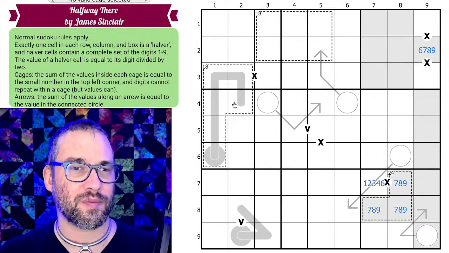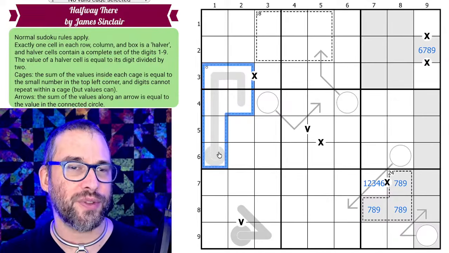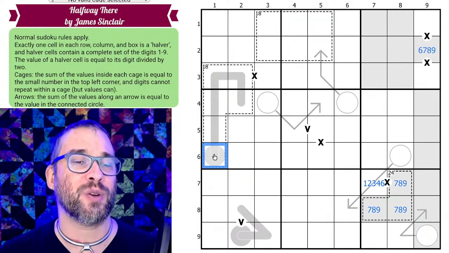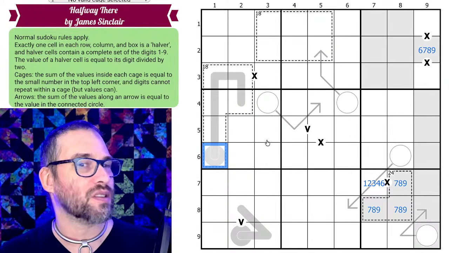Let's see. And we do need to have at least one halver in both of these cages. Yes, thermos also use values. Everything uses values.